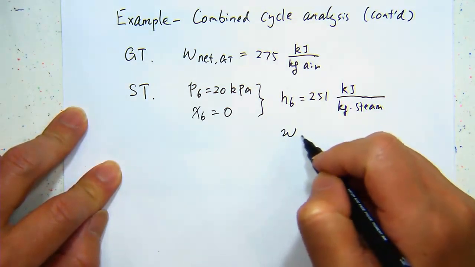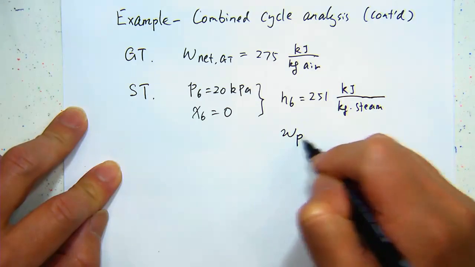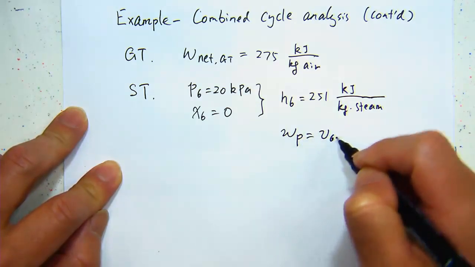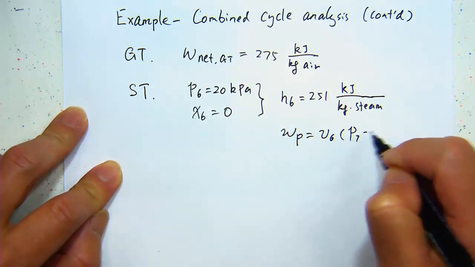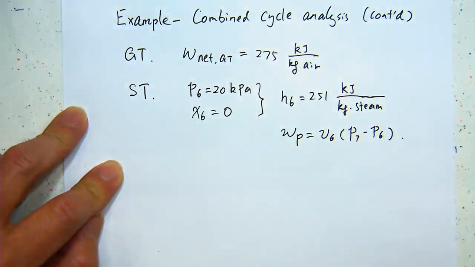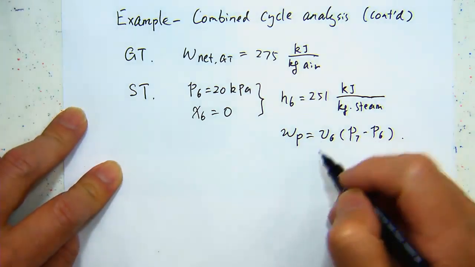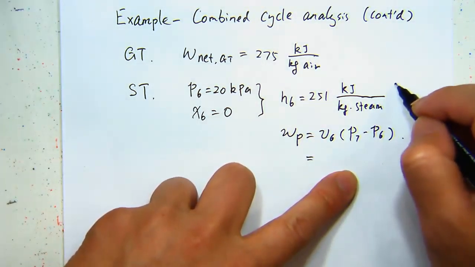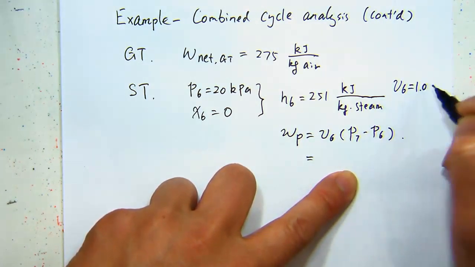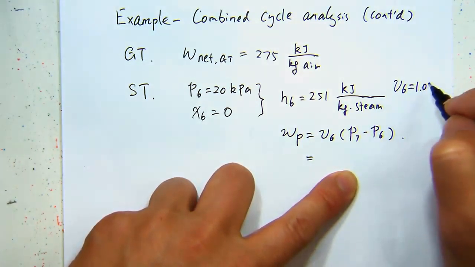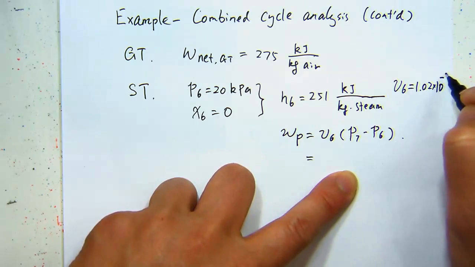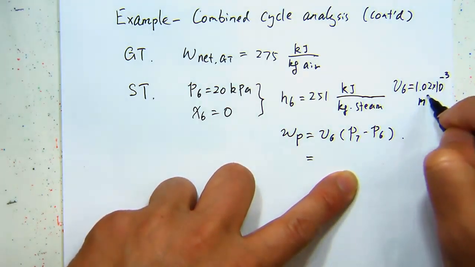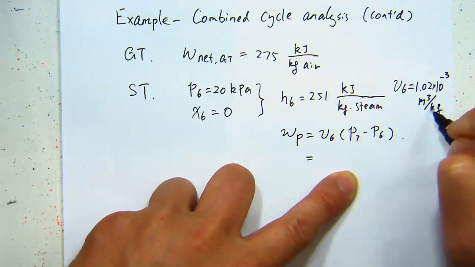So we know that the pump work can be written as the specific volume, V6, times the pressure difference, P7 minus P6. The V6 comes from state 6, so V6 equals 1.02 times 10 to the minus 3 meter cubed per kilogram.